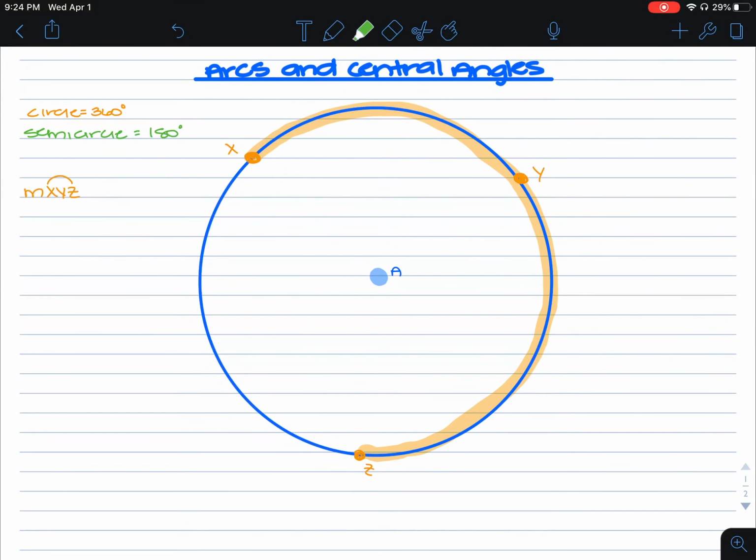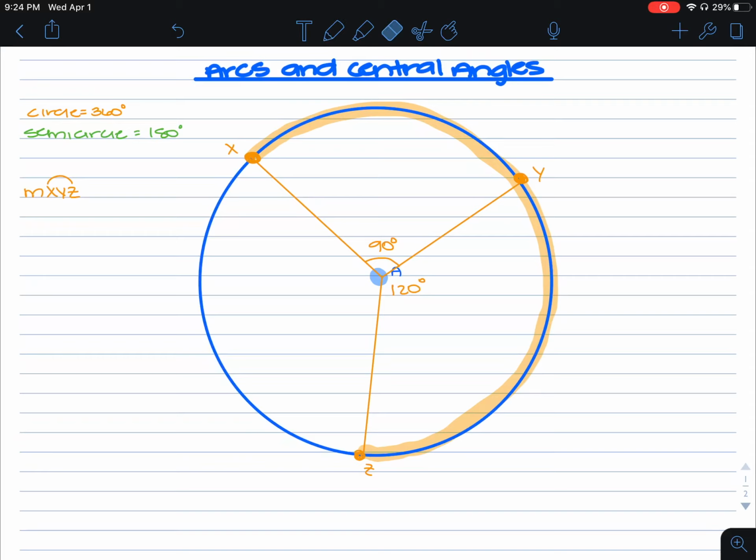Let's say I'll break this up a bit. Let's say this part was, let's do 90 degrees. And let's say this part here was, let's do 120 degrees.